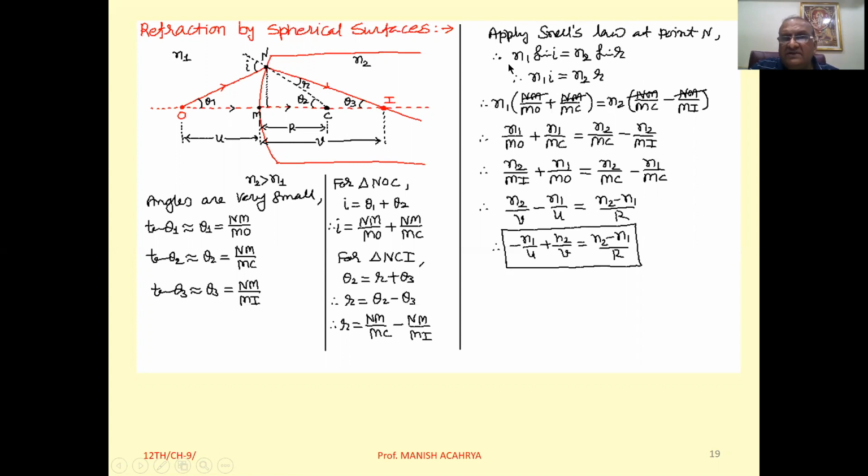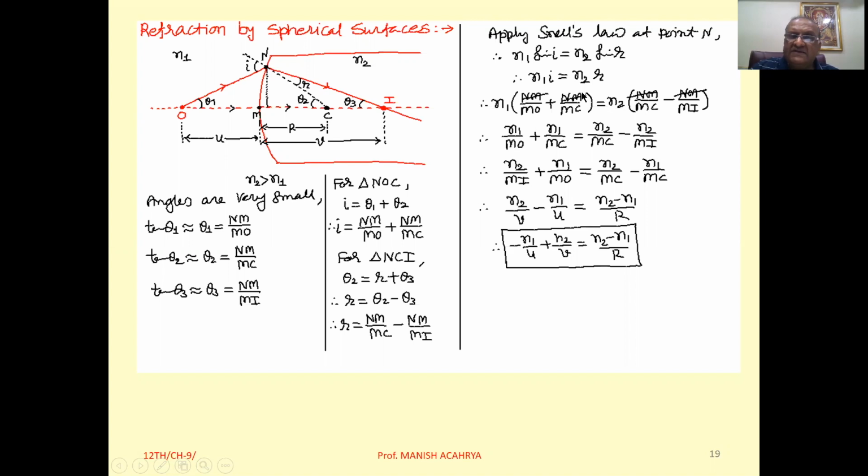Now, in this equation, substitute the value of i, that is NM upon MO plus NM upon MC. તો અહીંયા આપણે substitute કરી દીધું એને. N1 as it is, N2 as it is, and substitute the value of r, that is NM upon MC minus NM upon MI.